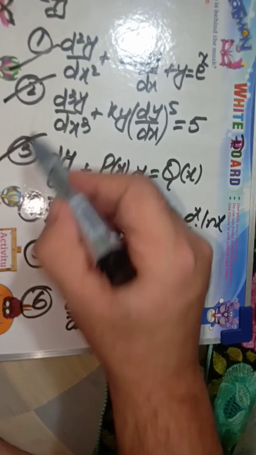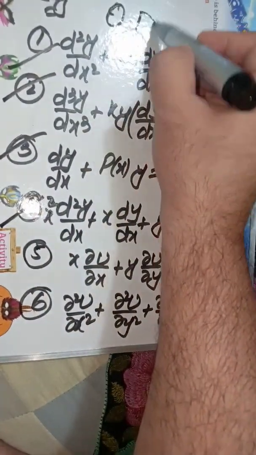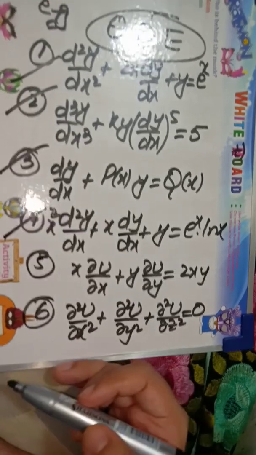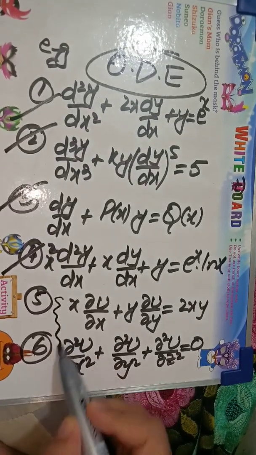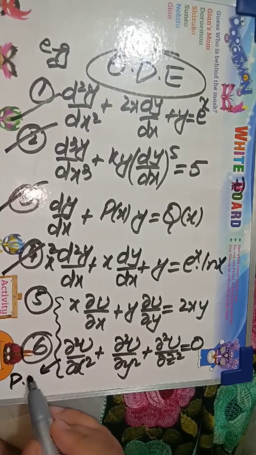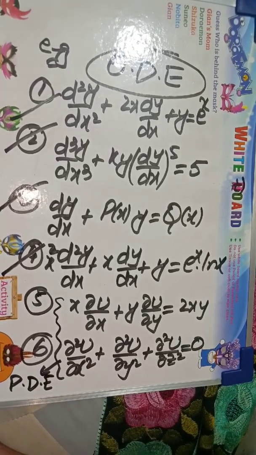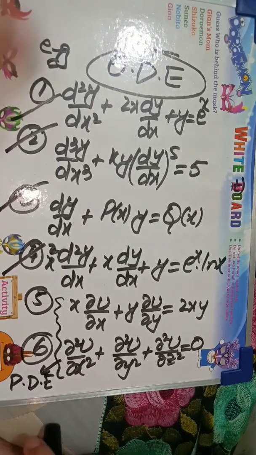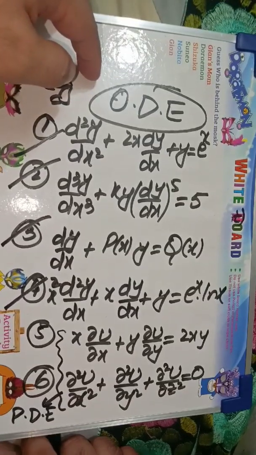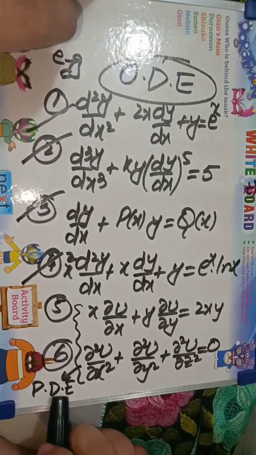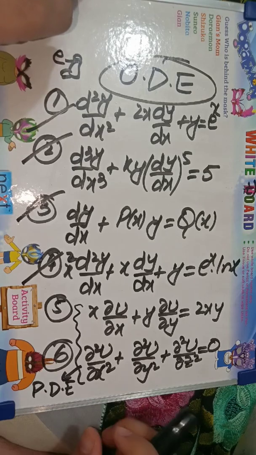So these are the ordinary differential equations, means ODE, and the last two contain partial derivatives, so these are called partial differential equations. So you can say that a differential equation is of two types. One is ordinary differential equations, which involve ordinary derivatives, and the second one is PDE, partial differential equations, which contain partial derivatives.